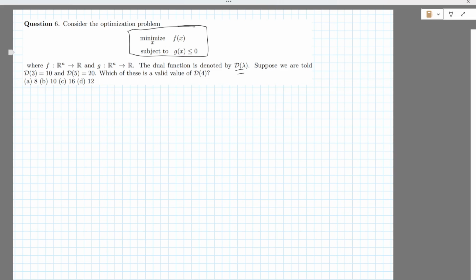We only know the value of the dual at two points. But one thing we know is that the dual is concave. Dual is concave means d, we can discuss the property of concavity in the beginning.